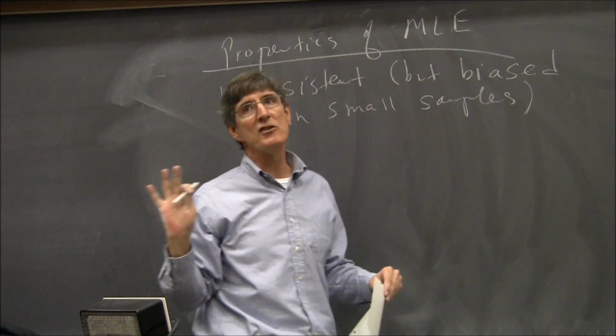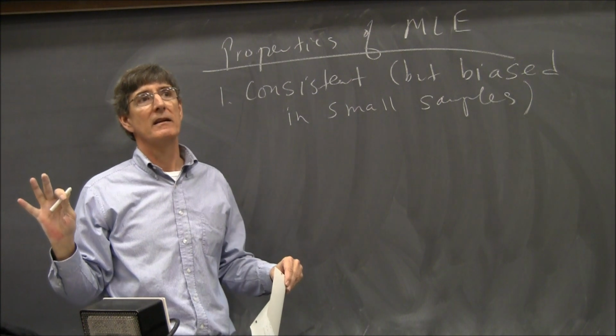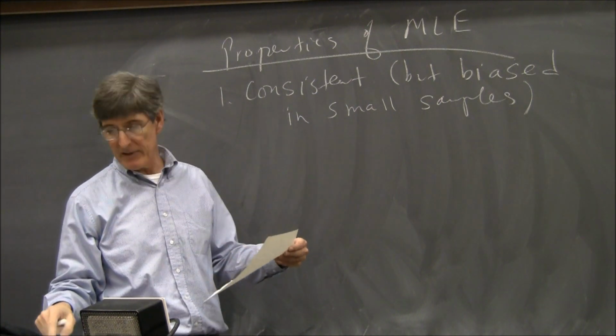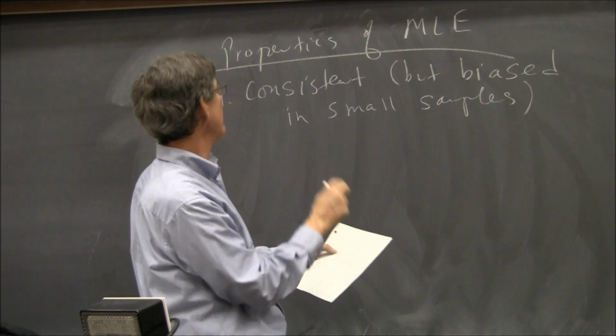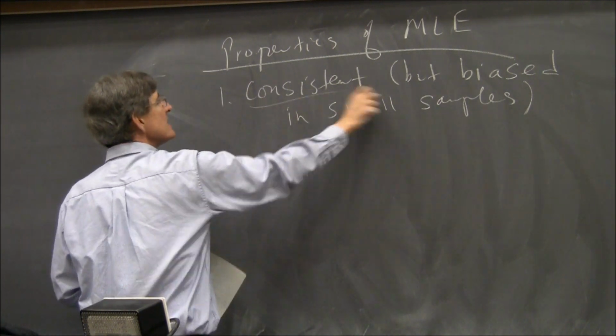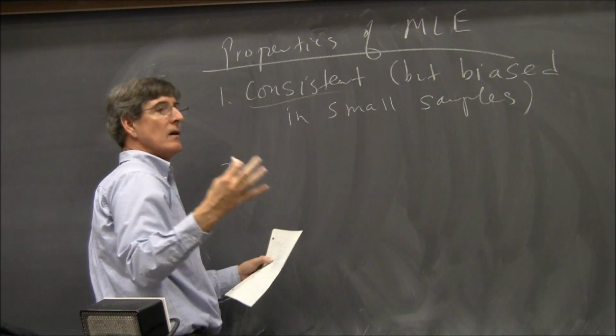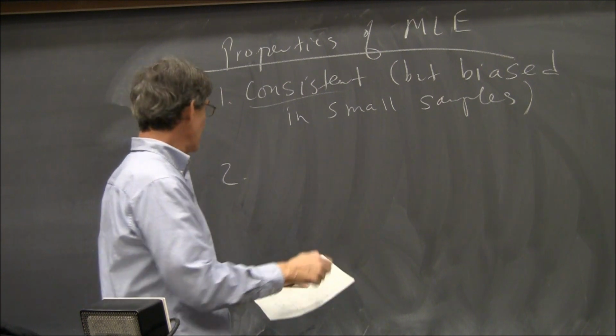So they're consistent, they're not unbiased. We'll see that in a minute when we derive some of these estimators. I'll show you that very thing soon. But they are consistent, so with an n large enough, we should be okay.